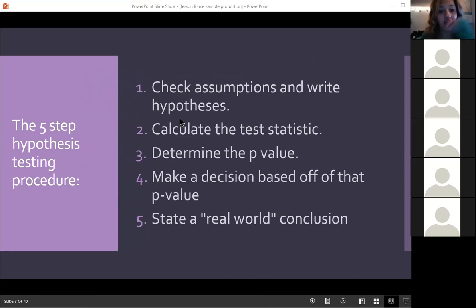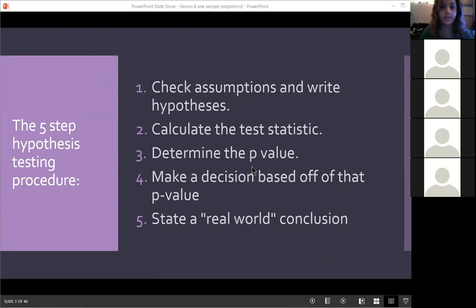So we either reject or fail to reject based upon the p-value, which is step number 4. And lastly, we state the real-world conclusion as our last step. Like I said, these will be the same basic 5 steps, but the main difference is that we change depending on what the sample is.